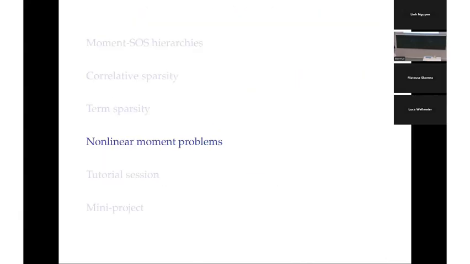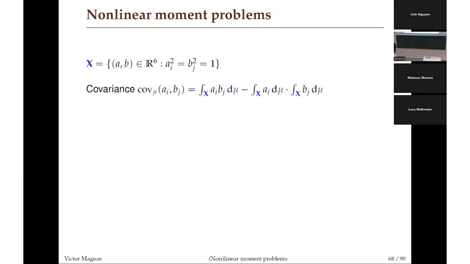Okay, and in the remaining 10 or 15 minutes, I will talk about nonlinear moment problems, an extension of the hierarchies. We saw that two hours ago, the covariance problem. Do you remember it? It was with R4.